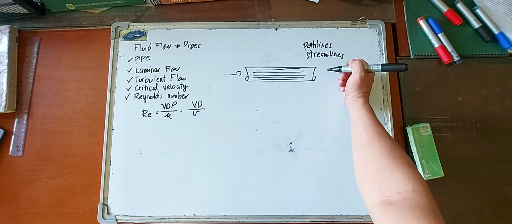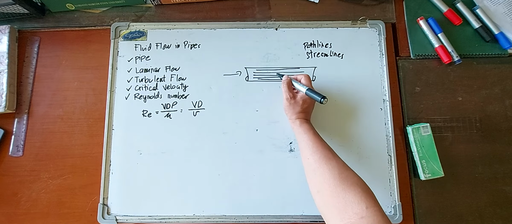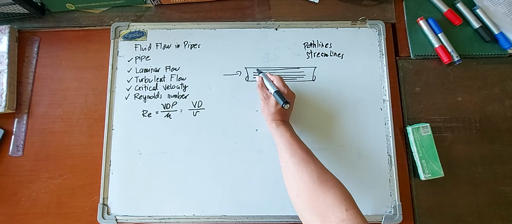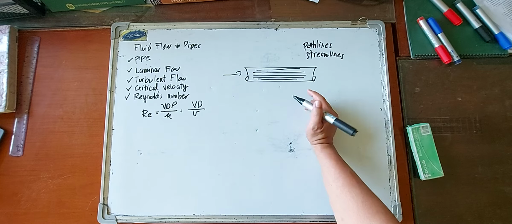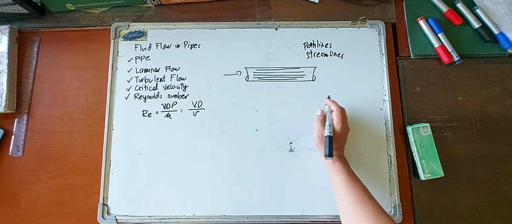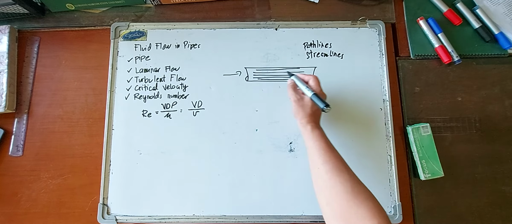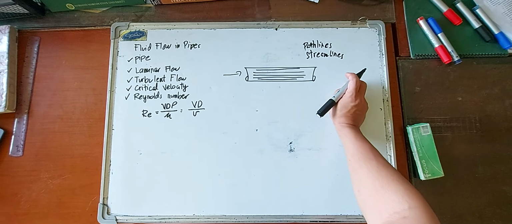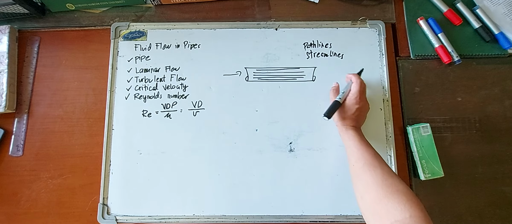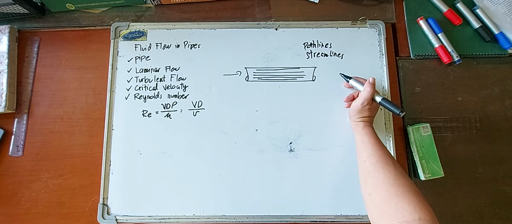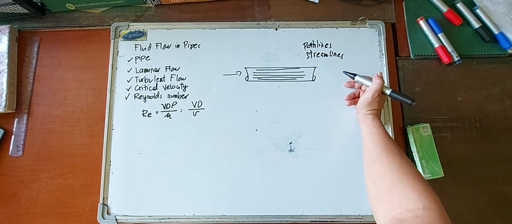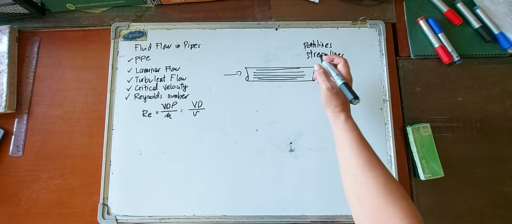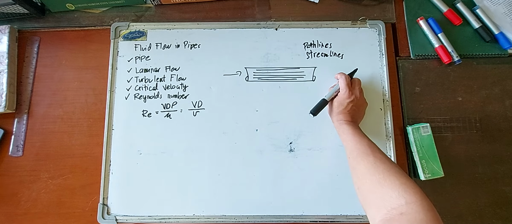So when the path lines or streamlines do not intersect, that means parallel yung mga yan, that means the flow is said to be laminar. And itong klaseng flow na to is very very slow motion. So usually yung mga flow dun sa gripo ninyo sa bahay ninyo or yung mga flow natin sa mga water lines natin, usually those are turbulent flow.